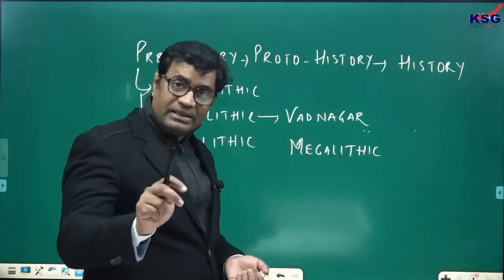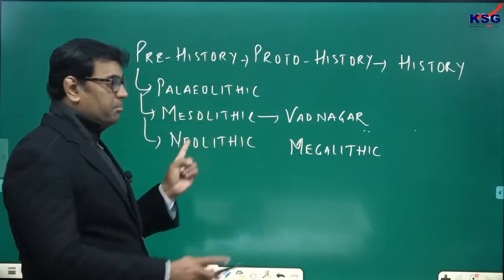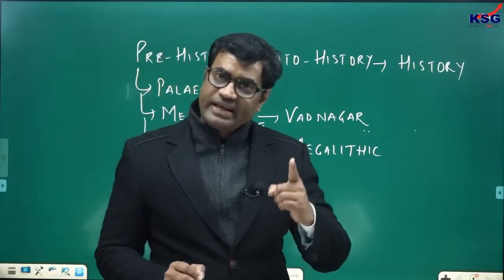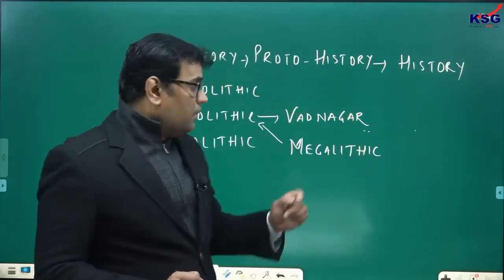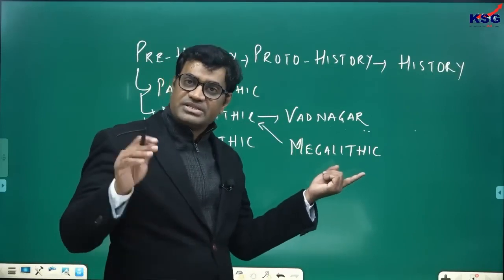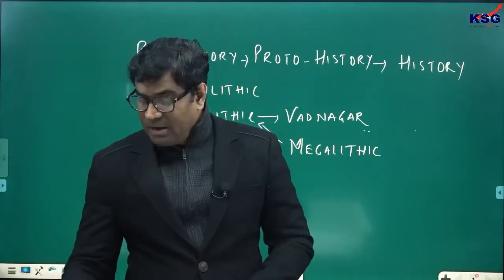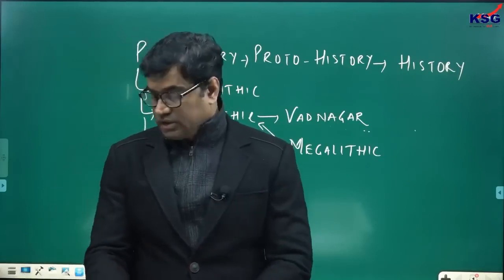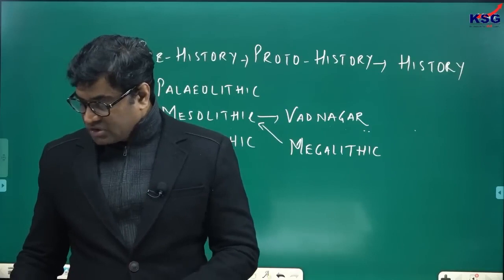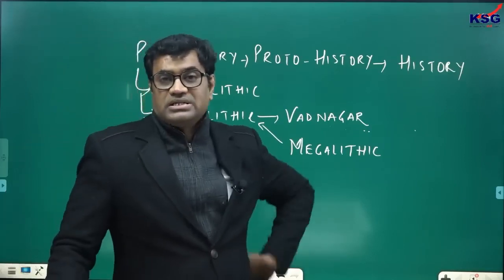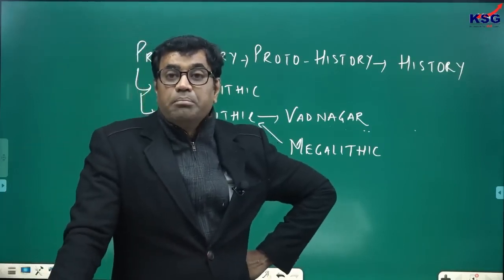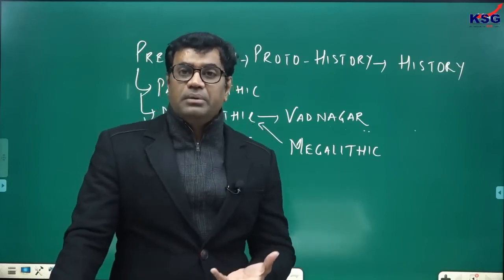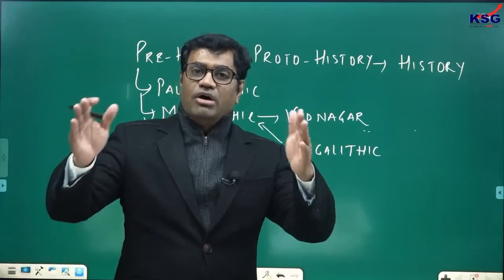Megalithic culture also dates back to the Mesolithic phase of northern India. So when the Mesolithic age was going on in northern India, megalithic culture began to develop in southern India, and the maximum number of megalithic sites has been found in the state of modern Karnataka, in which the burials of the people were marked by large pieces of stones.